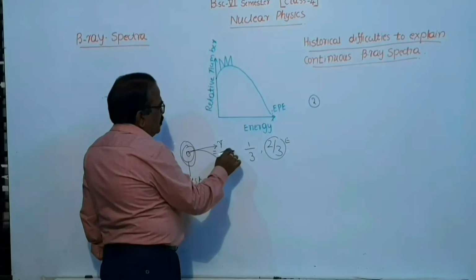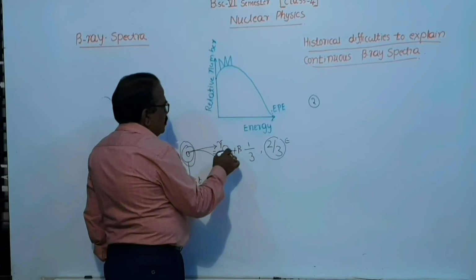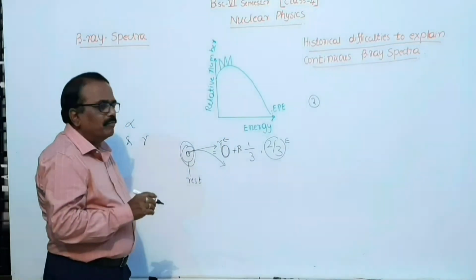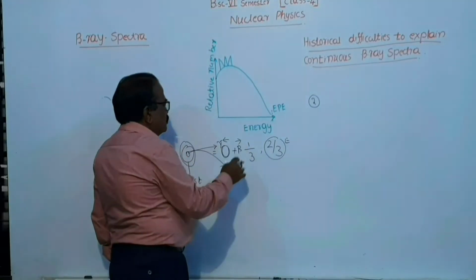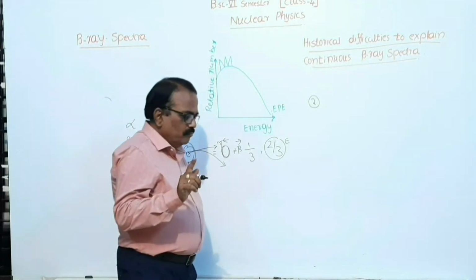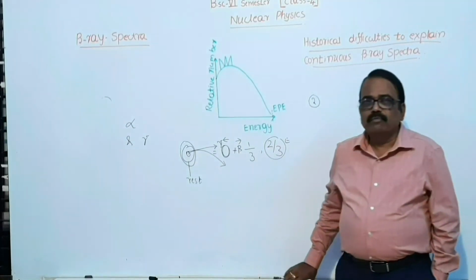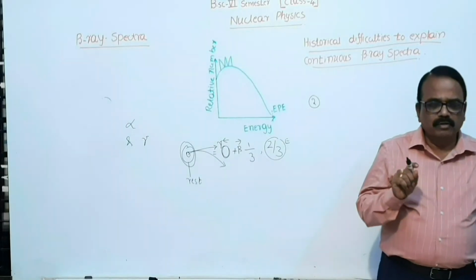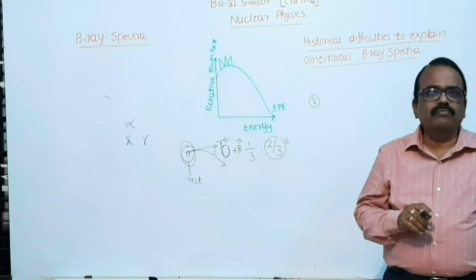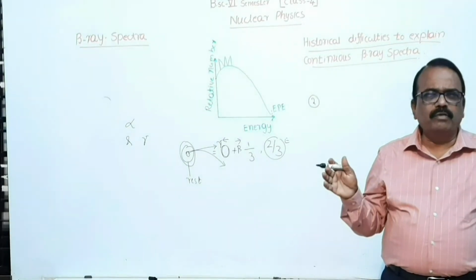Then after emission of the beta particle along with some residual nucleus, which should be recoiled, the beta particle carries linear momentum along the axis. Then the sum of the linear momentum should be 0, but it is found that it is not 0. That means the linear momentum of the products is not equal to 0, thus violating the law of conservation of linear momentum.